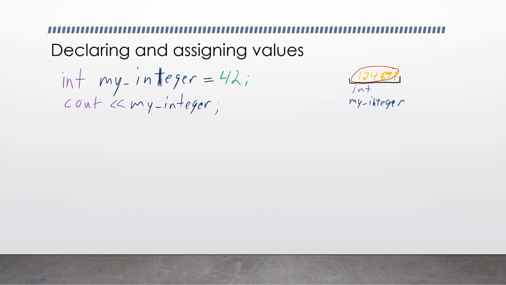So my integer now, instead of holding whatever value had been in memory before, now holds the value 42. Okay, this idea here of assigning a starting value to a variable as you declare it is called initializing.